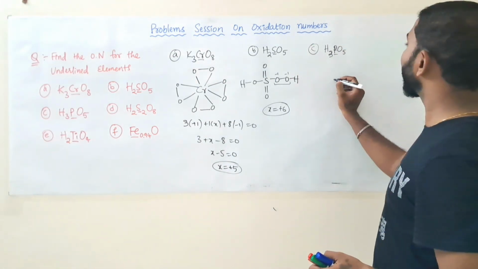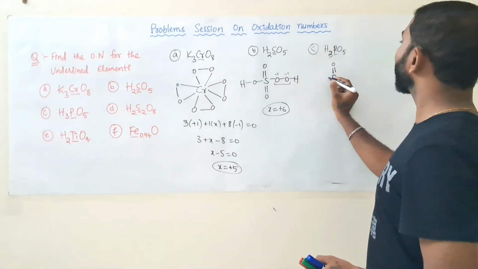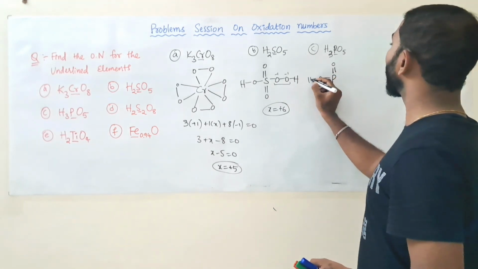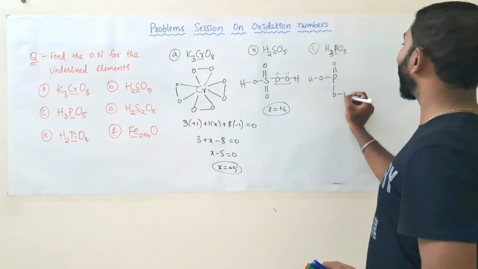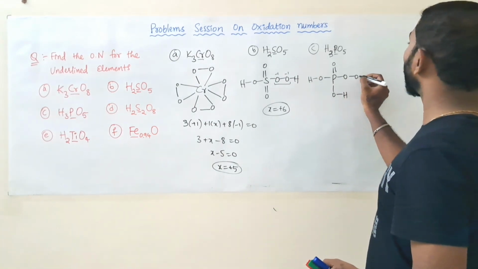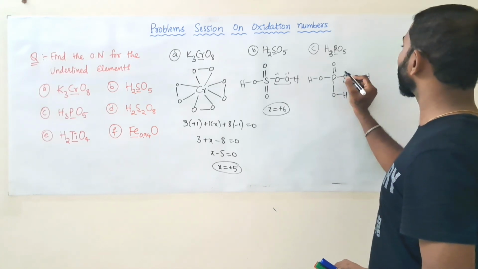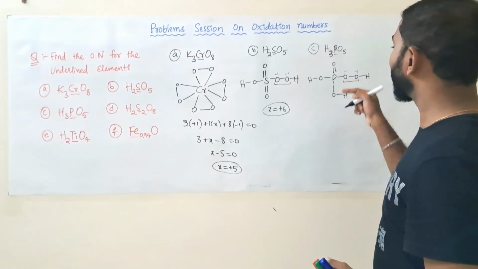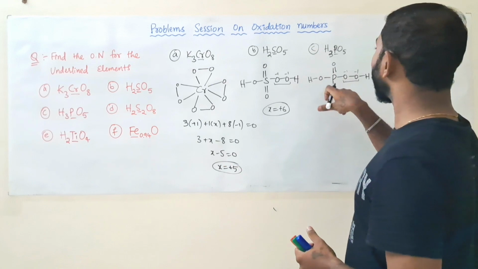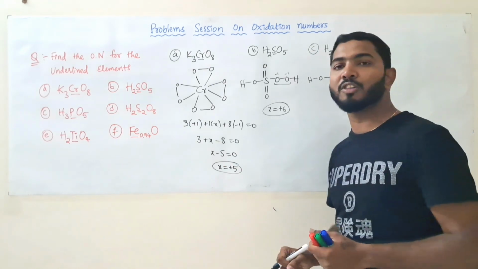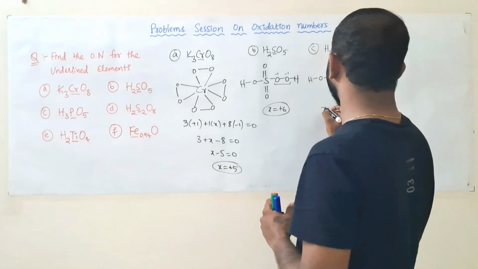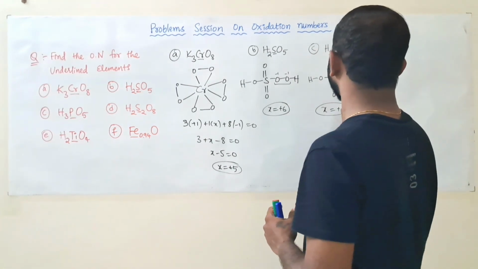So in such a case, we can expect a peroxy bond. So we will have OH, and then we will have OOH. This is the structure. These 2 oxygens are peroxy oxygens, which are taken as minus 1, and for the rest of the 3 oxygens, minus 2. So overall we are going to get x is equal to plus 5.